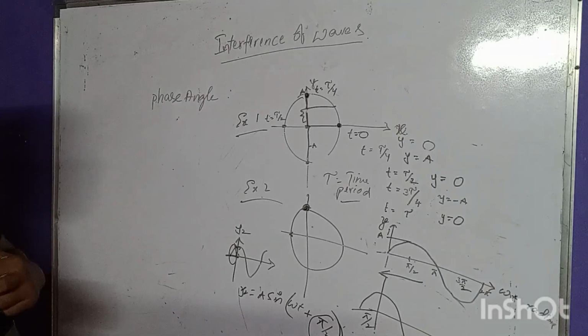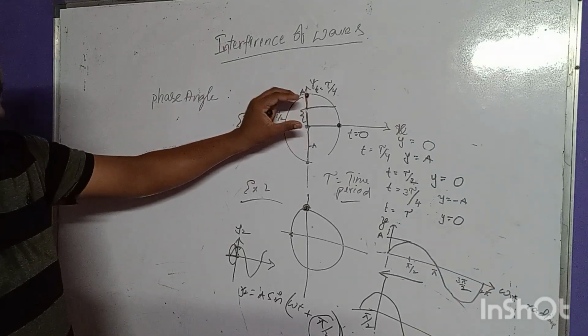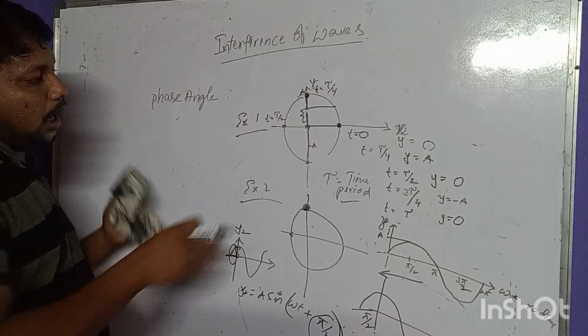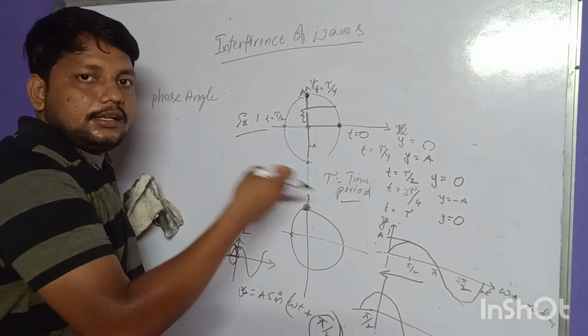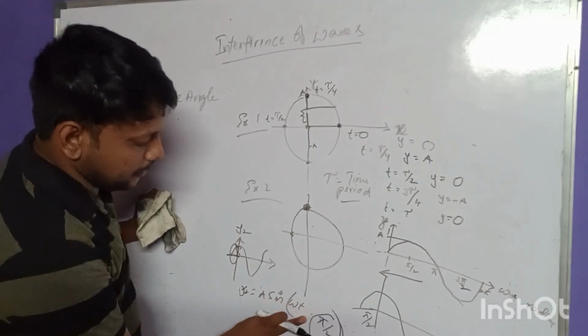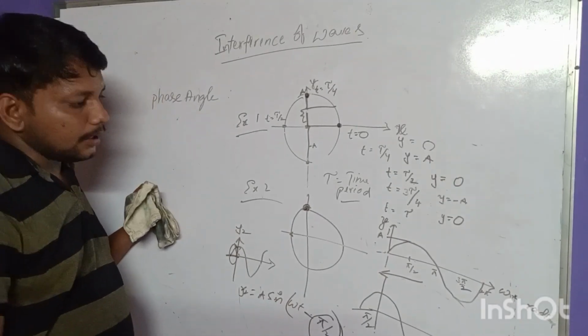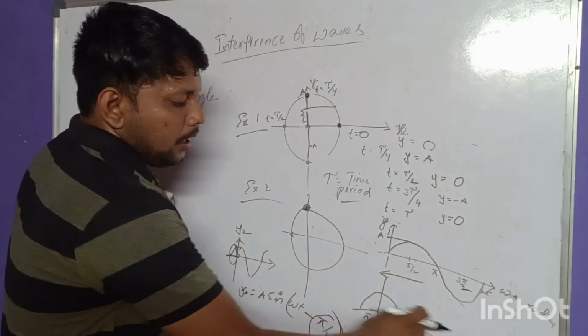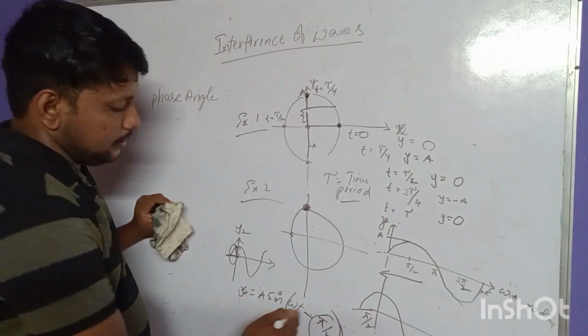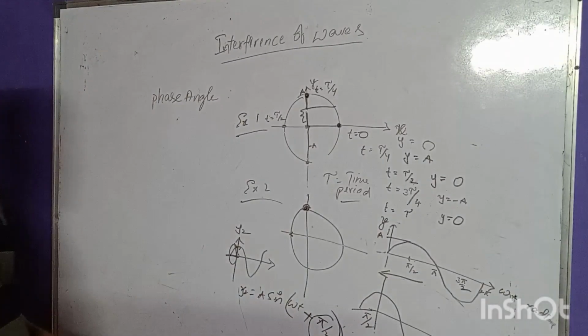Phase angle means how many radians of angle advance or delayed. Delayed means minus. That means behind the wave, right? This is advance.